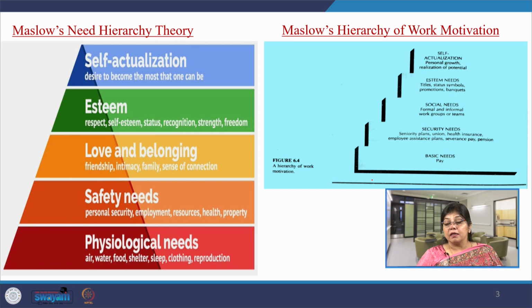And the last is self-actualization needs, which entails personal growth and realization of potential. As I mentioned, any CEO who has contributed for years to an organization, based on this competency and experience, can also take better initiatives to contribute more, actualize his own potential, and think about what next he can do or contribute.